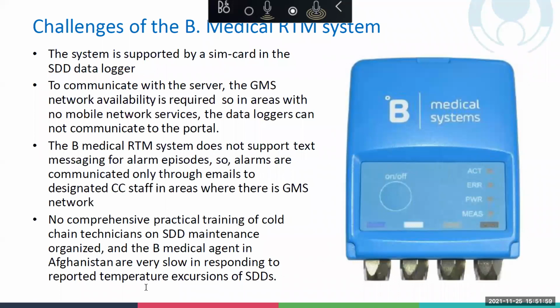Thank you, Chidi. As she mentioned, we have some challenges with the biomedical RTM system. The first one is that the system is supported by the SIM card, and they are not sending text messages. And also they need the global mobile system to be available. In some areas, the global mobile system connectivity is not available, so we cannot connect the data logger with the portal.